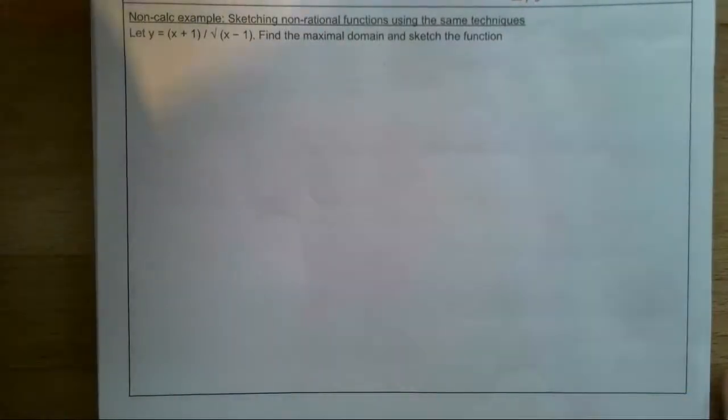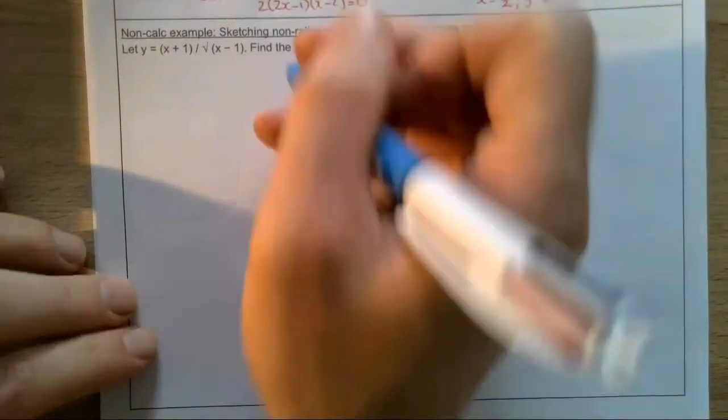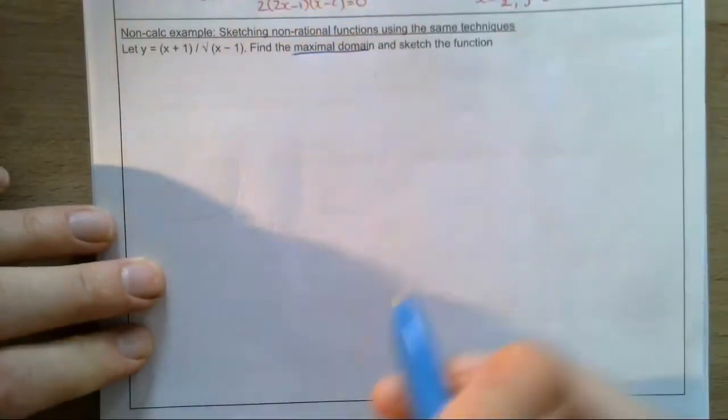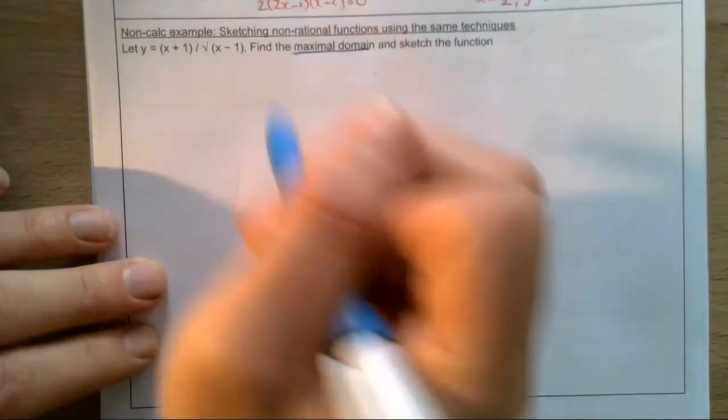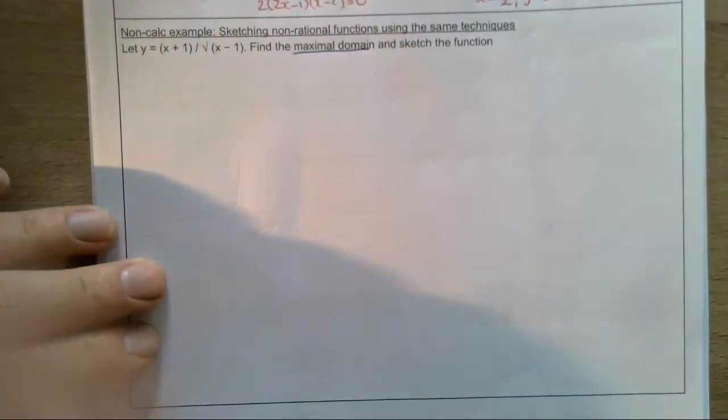Okay, so last one for today, I'm going to go through it now. Slight additional thing we have to do, it asks for a maximal domain, and of course what we're looking at there is the denominator, and we're trying to see when this is valid.